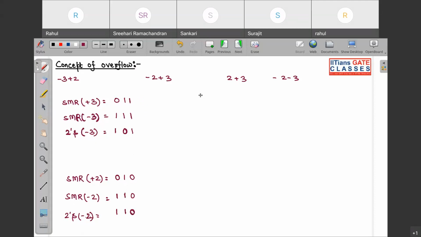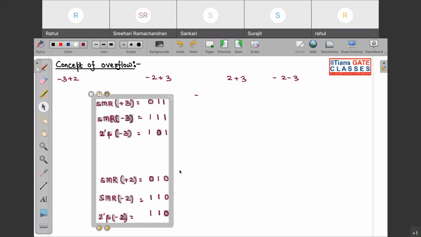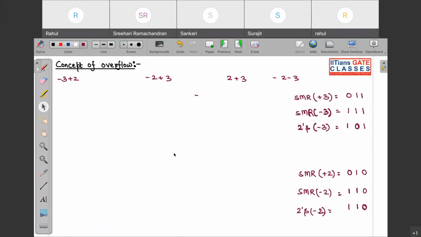So look very carefully. First is what? Minus 3 plus 2. So one by one, let us solve. Minus 3 corresponds to what? I have already solved 2's complement, so that is 101.